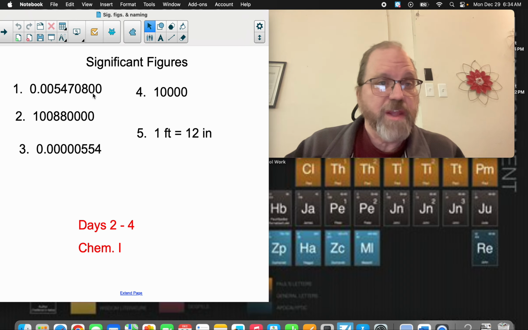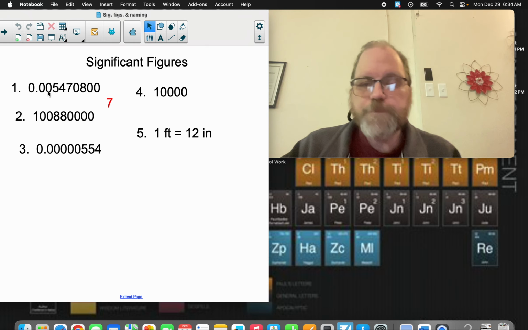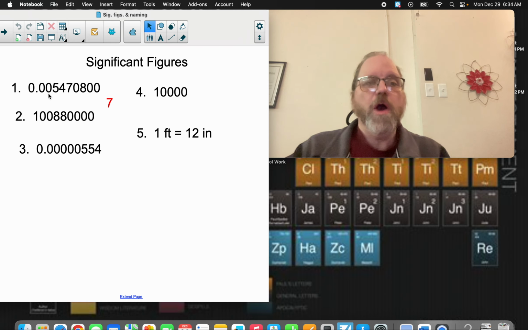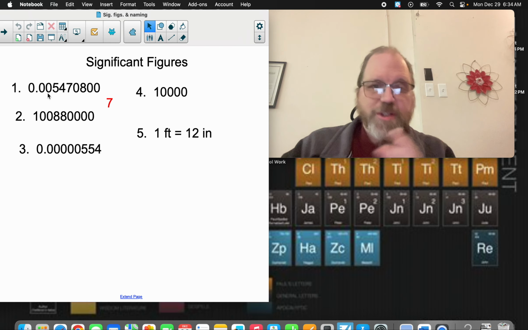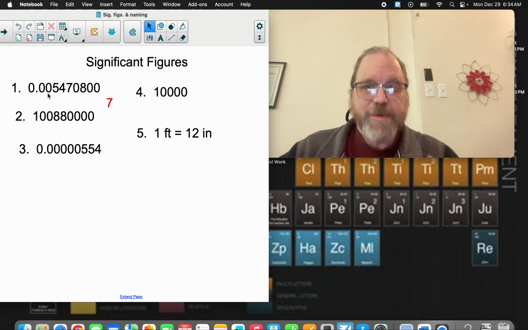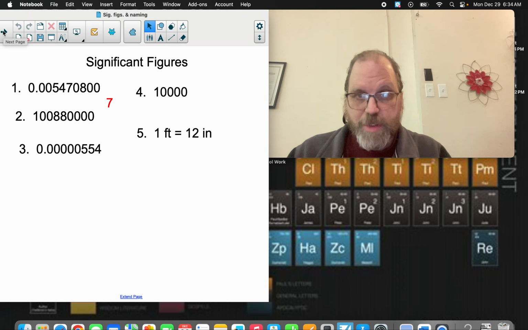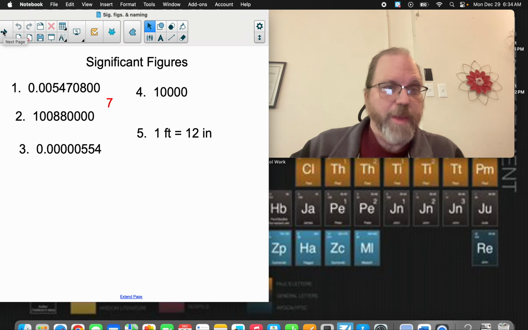They're also significant. So it's 1, 2, 3, 4, 5, 6, 7. I have 7 sig figs. The 2 zeros before the 5 are just showing placeholder, how far that 5 is on the decimal. They're not showing any accuracy or certainty about the measure. So 7 sig figs is what we have.